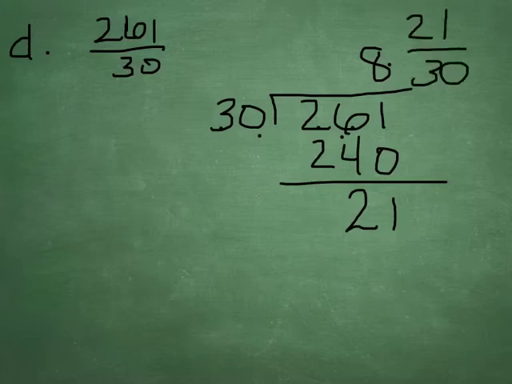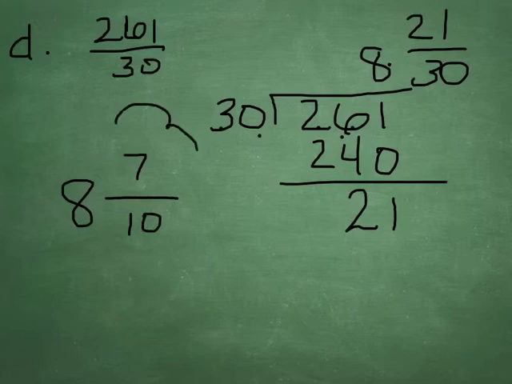But for those of you who do know your multiplication facts, you should see that this can be reduced because 3 will go evenly into 21 and 30. So I'm going to say 8 and 3 goes into 21 7 times and into 30 10 times. And this would be my final answer.